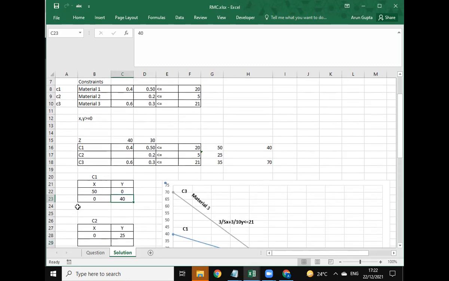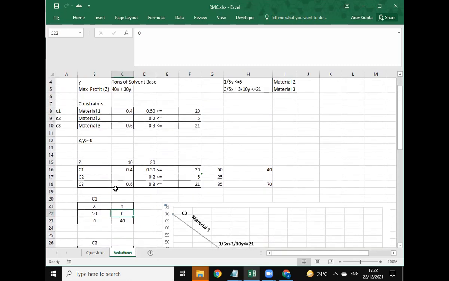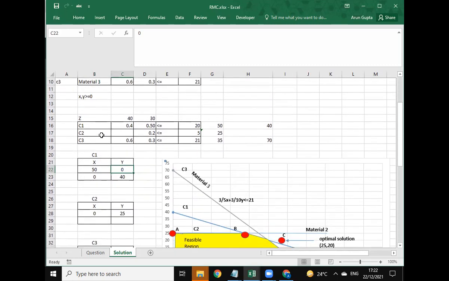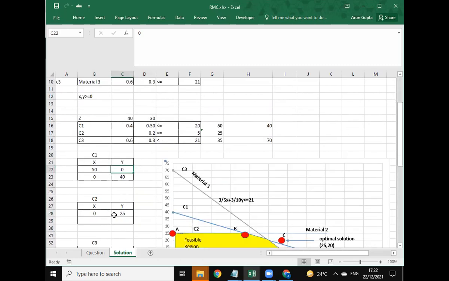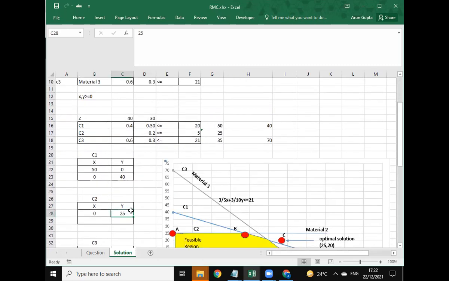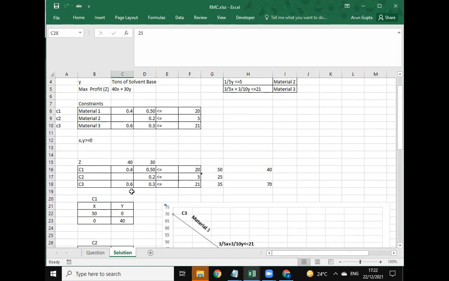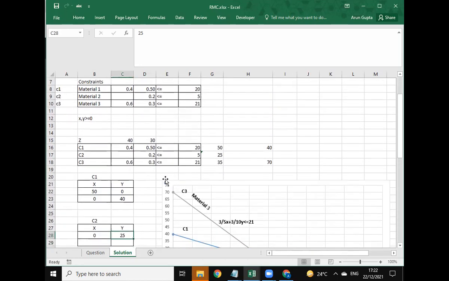So these are the two values we have taken for the x and y parameters. For the second constraint, we have taken the x value as 0 and the y value as 25. As we can see, the answer should be less than or equal to 5, so 25 multiplied by 0.2 equals 5.